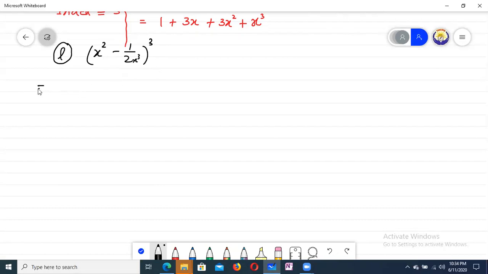Now in the expansion of this one, first of all we will write the index. Index is equal to 3.